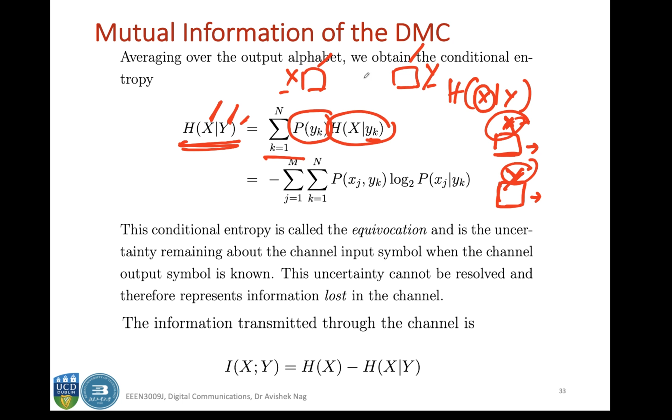We are randomly observing the destination, whatever is the output here, and then trying to find out some information about the input X.